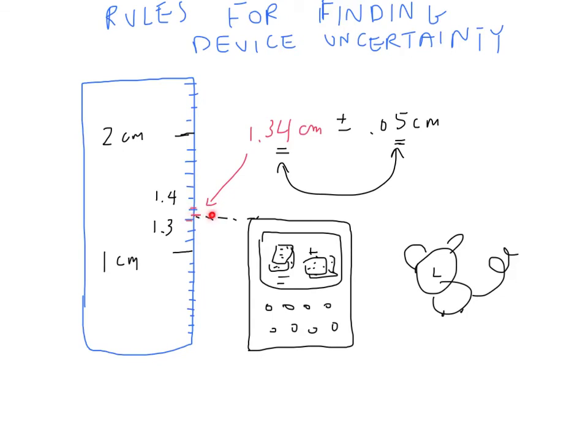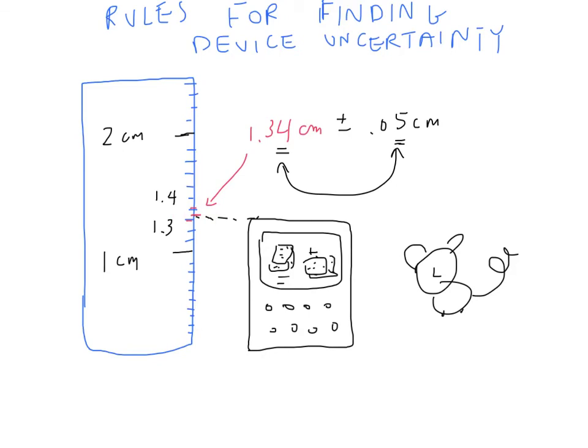And I could tell if it's halfway between, right? So in other words, if the real value is 1.31, right, or 1.34, I'm not going to say something besides 1.3 or 1.35. So the most that I could possibly be off by is 0.05.